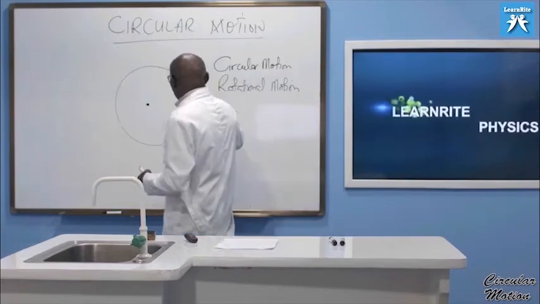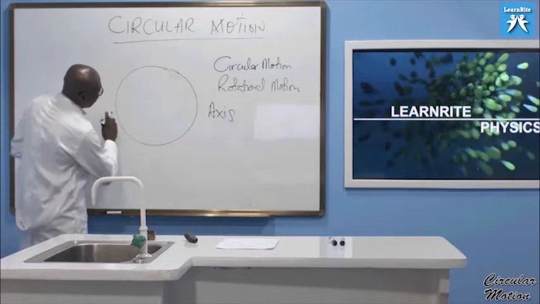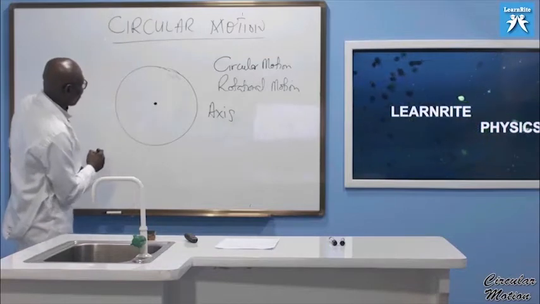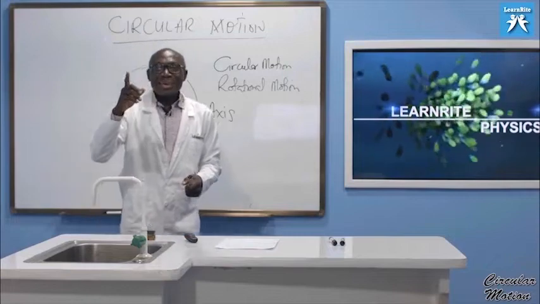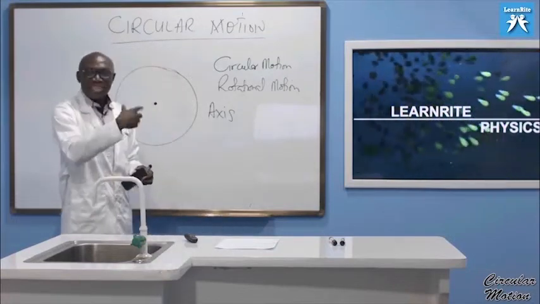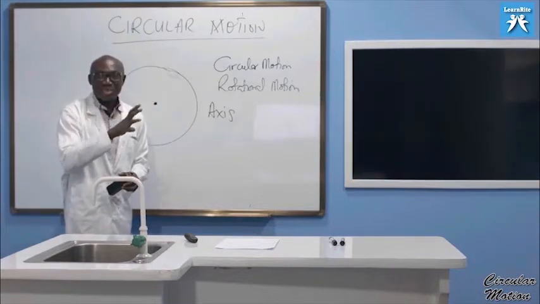So that is the circle for you, and the center. Let's put the center at its right position, somewhere here. Right. Now, let's look at what is differentiating between the circular motion and the rotational motion.